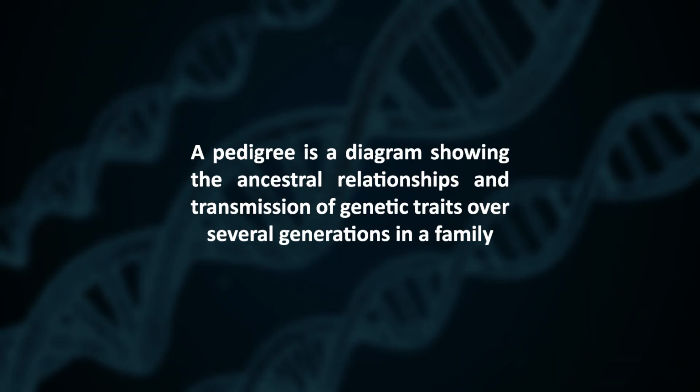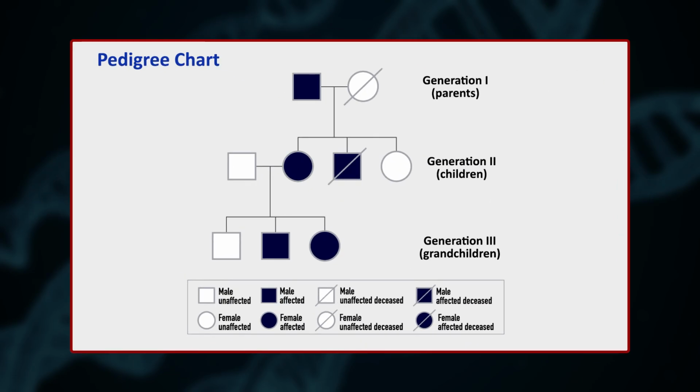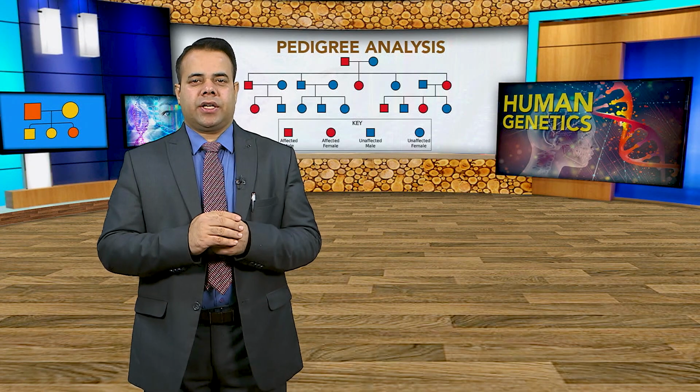A pedigree is actually a diagram showing the ancestral relationship and transmission of genetic traits over several generations in a family. Square symbols are almost always used to represent males, while circles are used for females. Pedigrees are used to help detect many different genetic diseases.